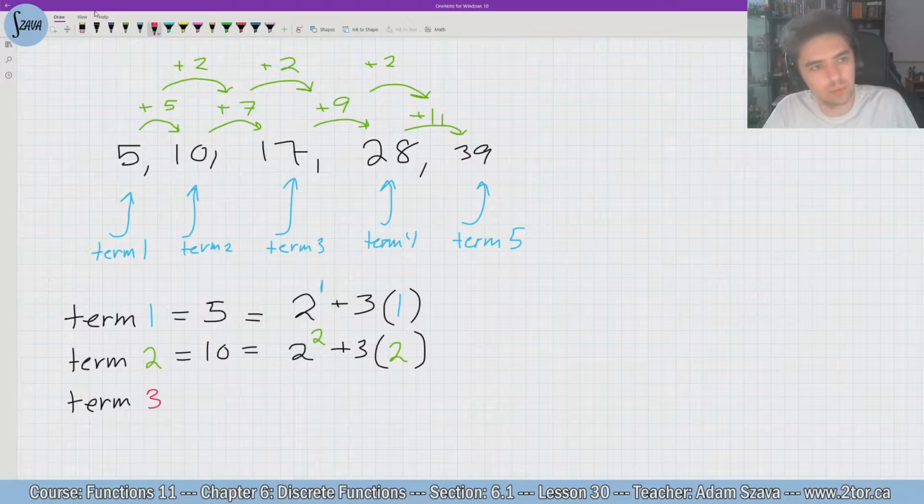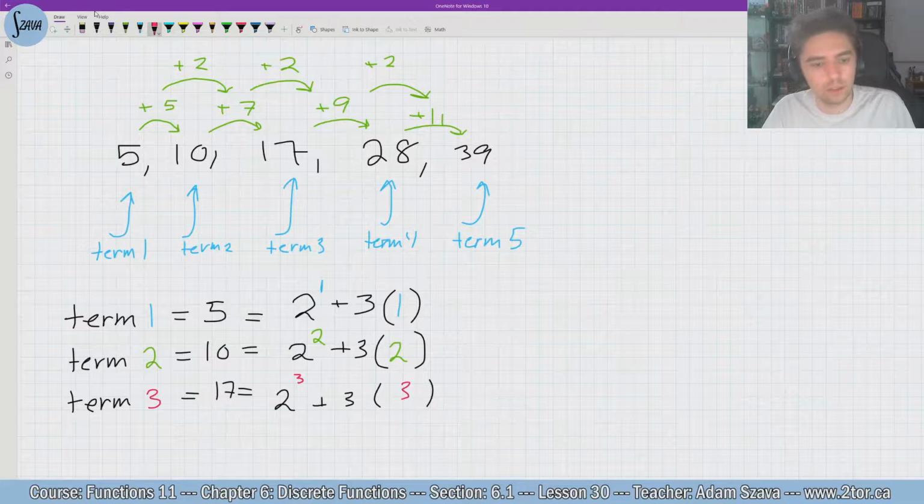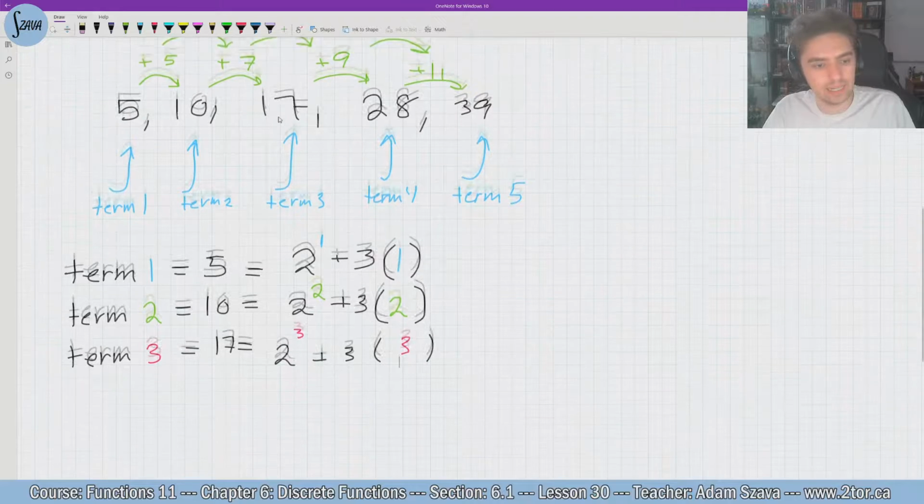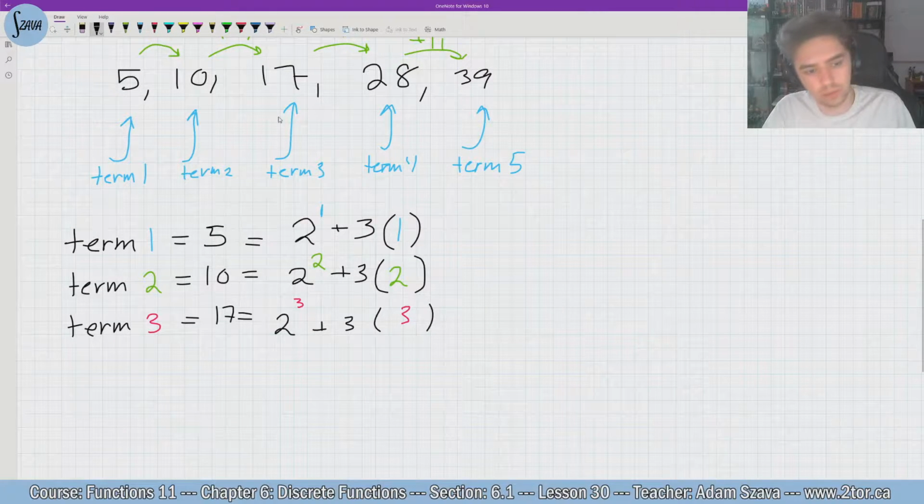So term 3 is 17. Let's see, is it true that it's 2 to the power of 3 plus 3 times 3? 2 to the power of 3 is 8 plus 9. 8 plus 9 is 17. Okay, so yeah, it is working out. This does appear to be the rule.